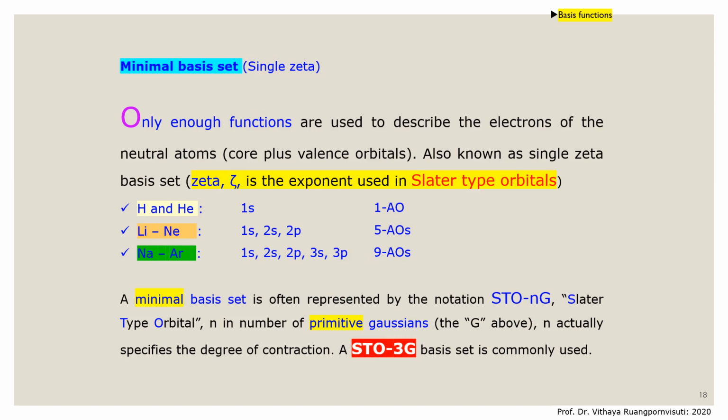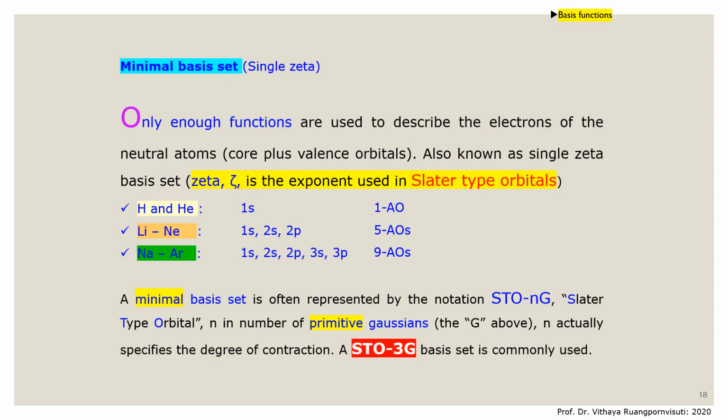The atoms hydrogen and helium can have one s orbital, or one atomic orbital. Atoms lithium to neon can have 1s, 2s, 2p, or 5 atomic orbitals. And atoms sodium to argon can have 1s, 2s, 2p, 3s, and 3p, all 9 atomic orbitals.